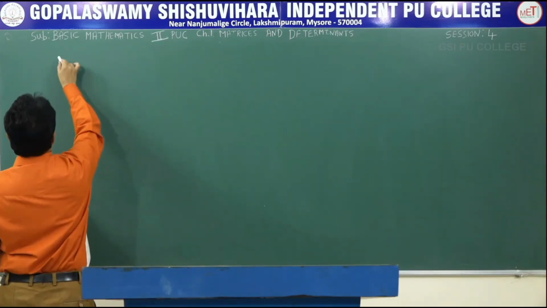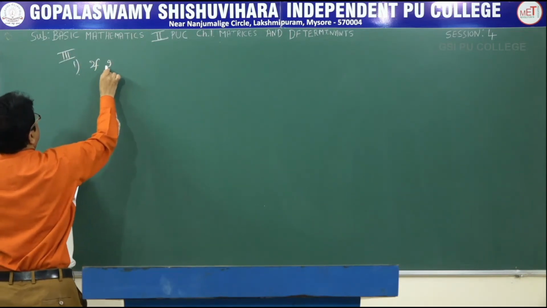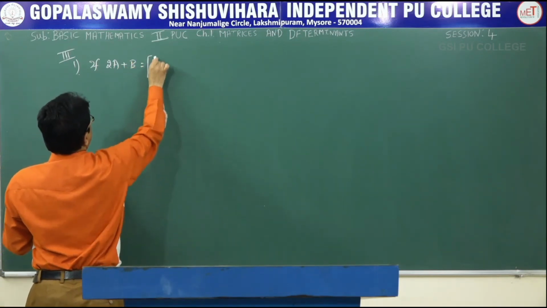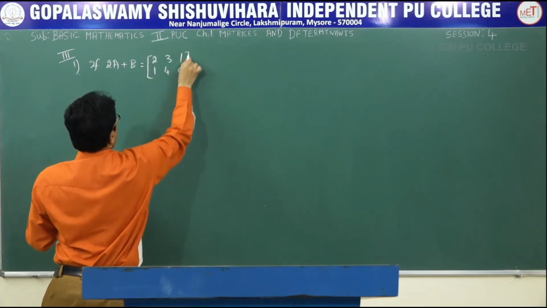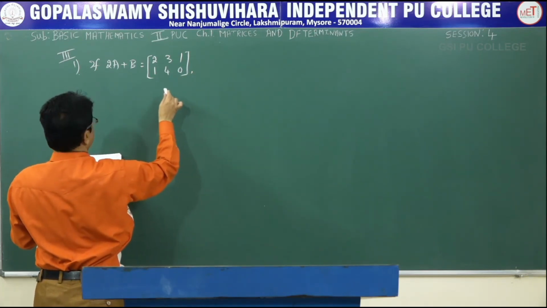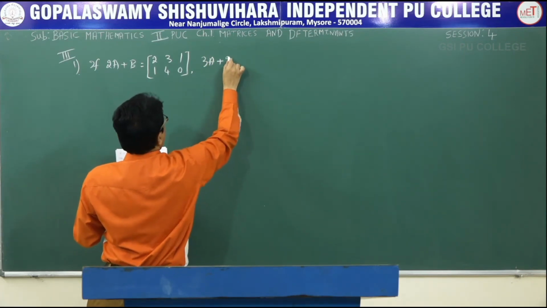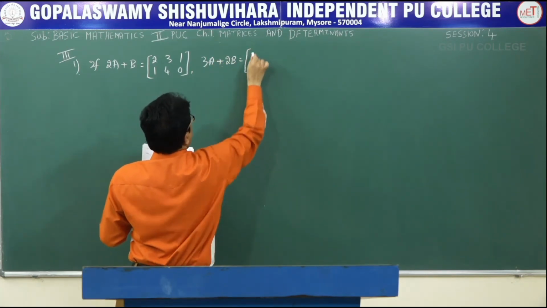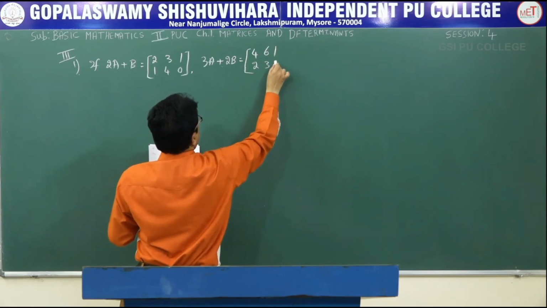If 2A plus B is equal to [2, 3, 1; 1, 4, 0] and 3A plus 2B is equal to [4, 6, 1; 2, 3, 5].